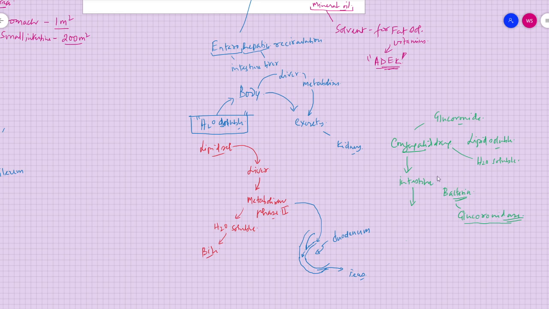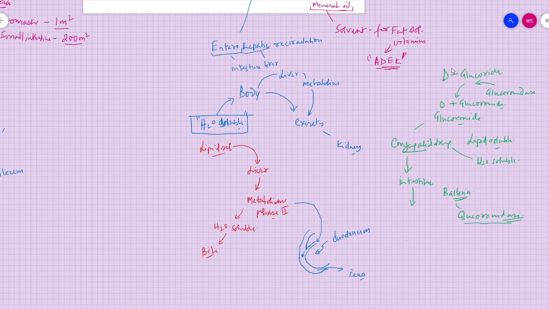This glucuronidase acts on the glucuronide conjugated drug and breaks down the conjugation. So there was a drug that was conjugated to glucuronide, and the glucuronidase acts on this drug conjugate and converts it into drug plus glucuronide.